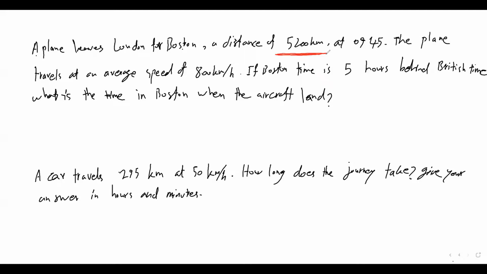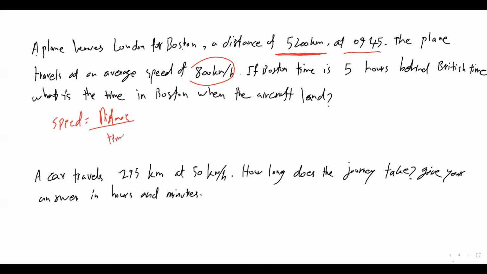So, okay, let's continue. The plane leaves at 9:45 a.m. The plane travels on an average, so this is the speed. So we don't know how long the journey took, right? So this is where the equation of speed comes handy. So we know it's distance over time.